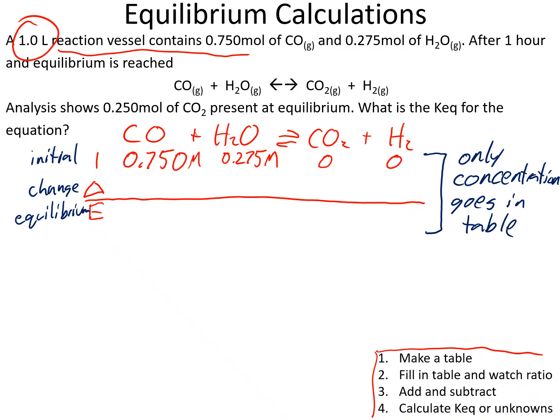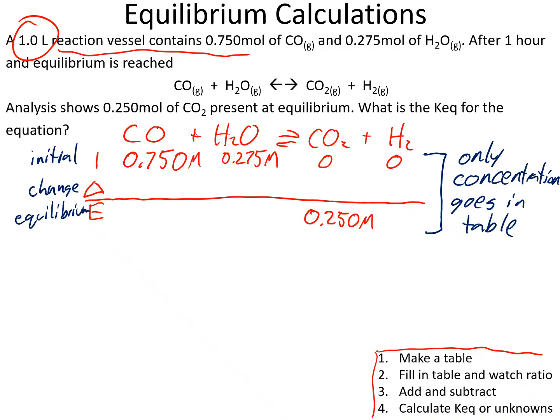So we can put zeros in there. Now we don't know anything else yet, and it says after it has reached equilibrium, analysis shows that 0.25 moles of CO2 are present. So I'm going to write 0.250 moles over liters, or molarity, is present.